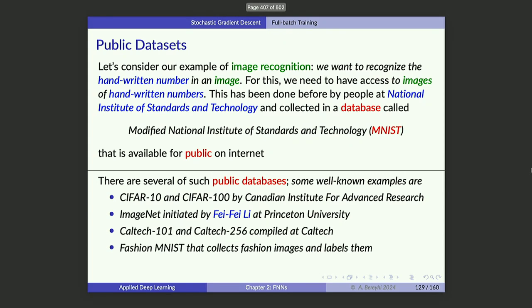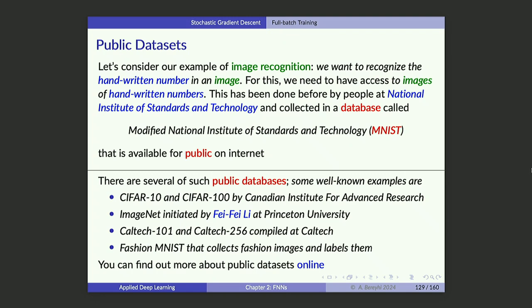And there are a bunch of other data sets, like the Caltech data sets, and also FashionMNIST, which is a recent version of MNIST. So you have a bunch of clothing, like shirts, trousers, I don't know exactly the classes, but a bunch of classes of different clothing, and you want to do the classification.